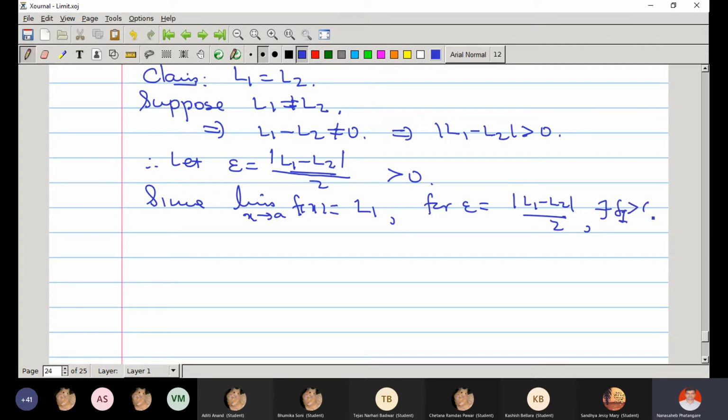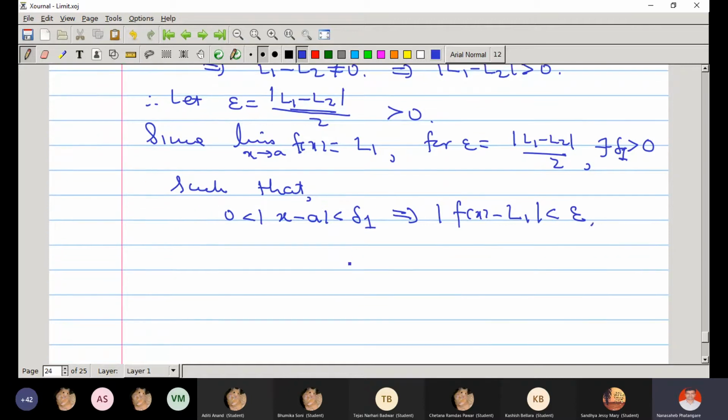Let us call it delta 1, such that whenever the distance of x from a is less than delta 1, then the distance of f(x) and L1 is less than epsilon. Is this clear? Yes, sir.